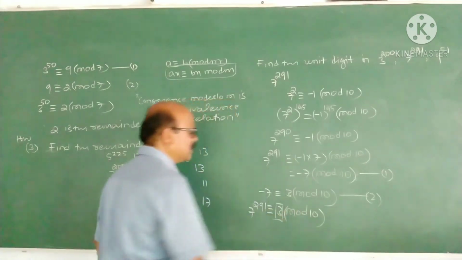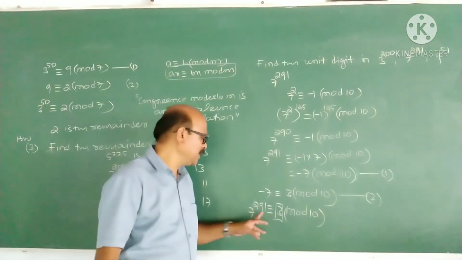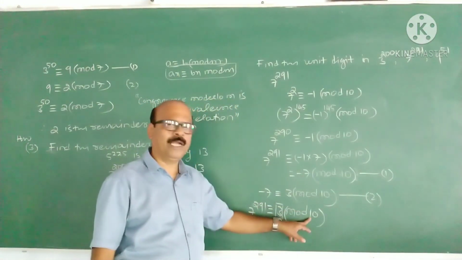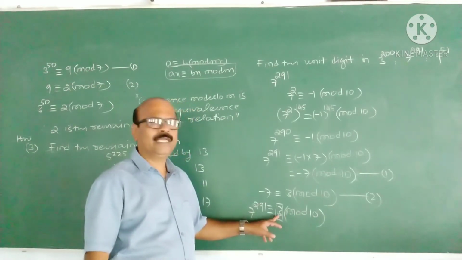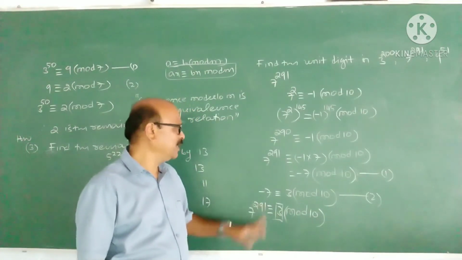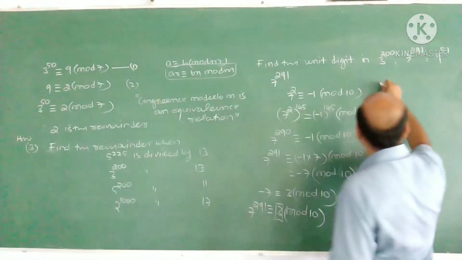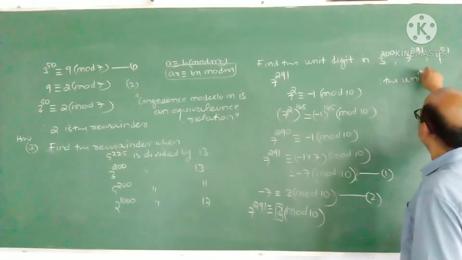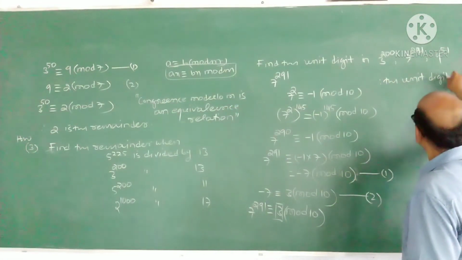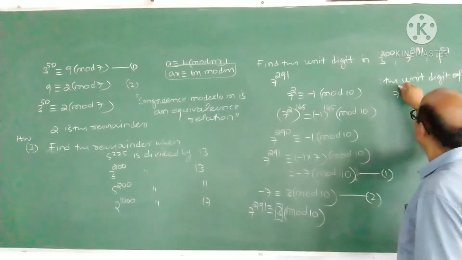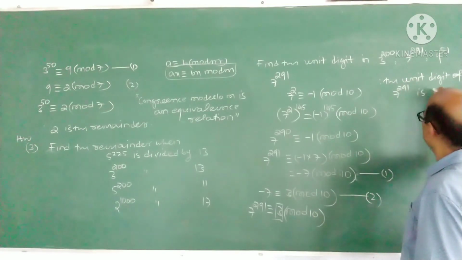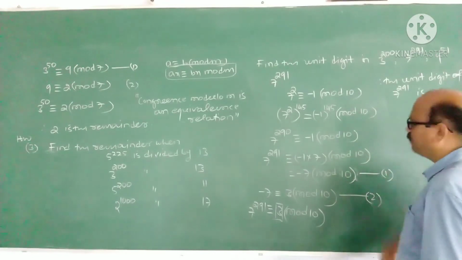Therefore, this 3 is the remainder when 7 raised to 291 is divided by 10, or in other words, it is the unit digit of 7 raised to 291. Therefore, the unit digit of 7 raised to 291 is 3.